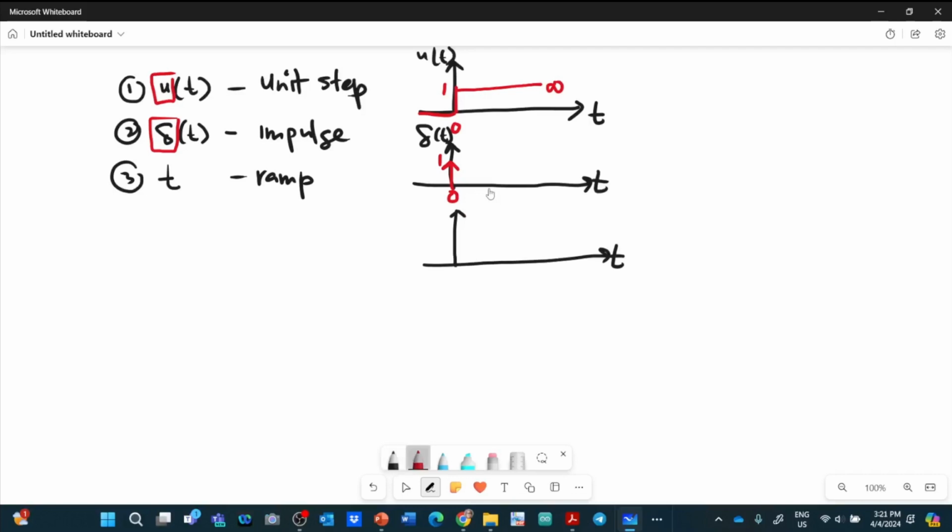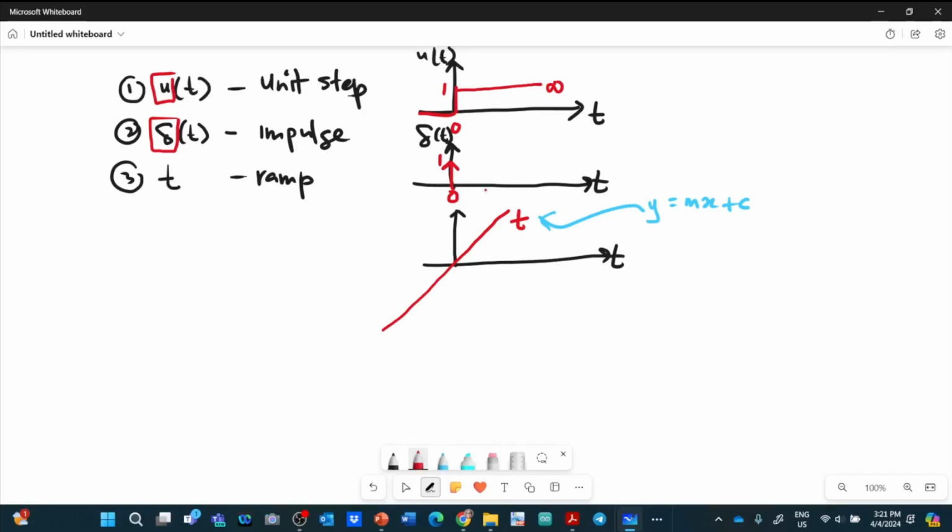A ramp is something that will follow the equation y equal to mx plus c.